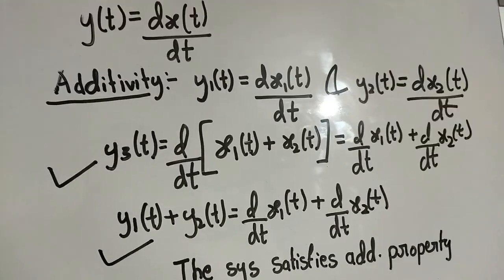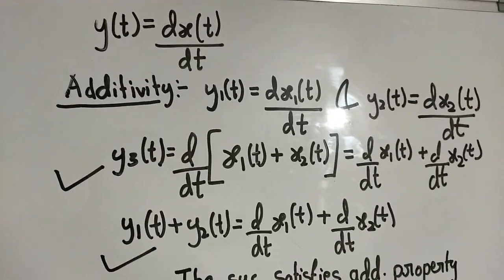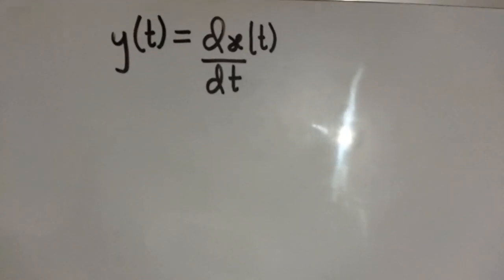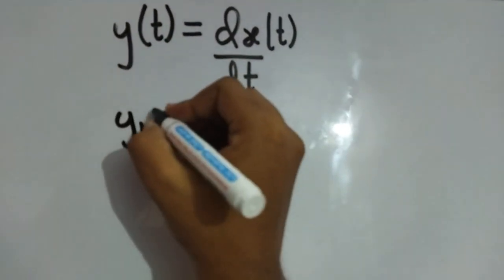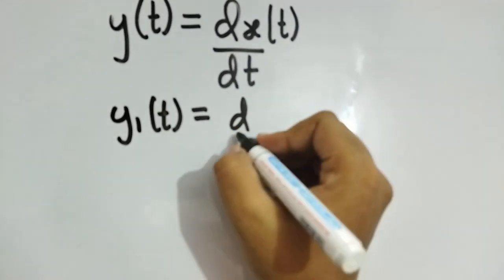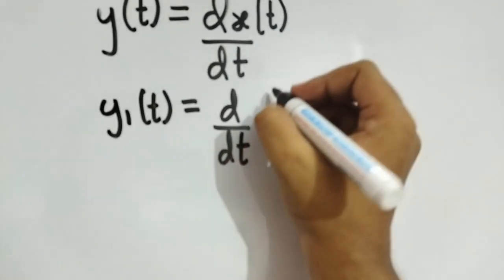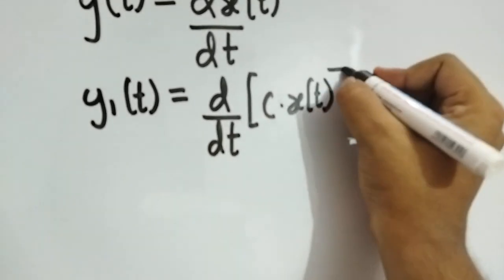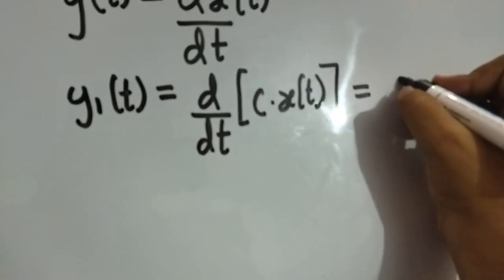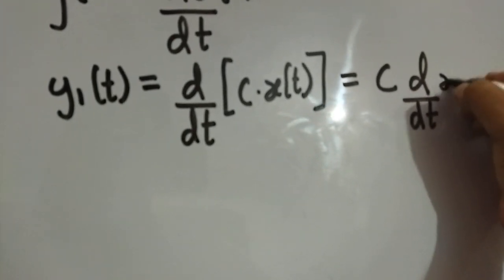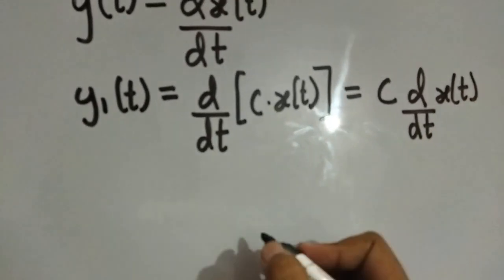And now let's check for the scaling property. Let us verify the same example for the scaling property. We know that y1 of t should be equal to d upon dt of c multiplied with x of t, and this can be written as c taken outside the bracket.